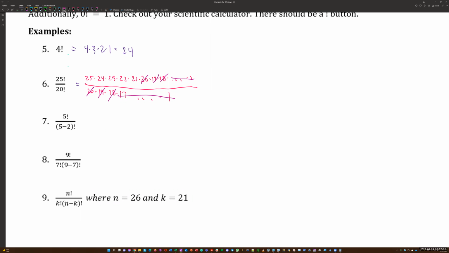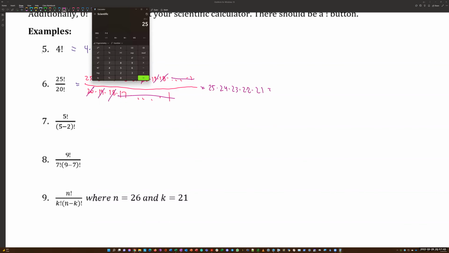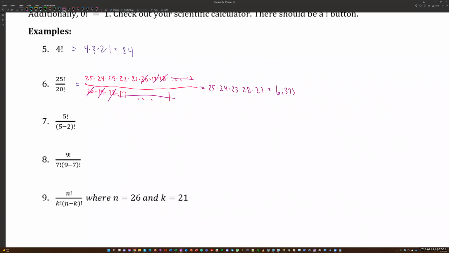Yes. All right. So this is just going to be 25 times 24 times 23 times 22 times 21. And that's all you need to do on your calculator. 25 times 24 times 23 times 22 times 21 is that number. 6375600. Does that make sense?